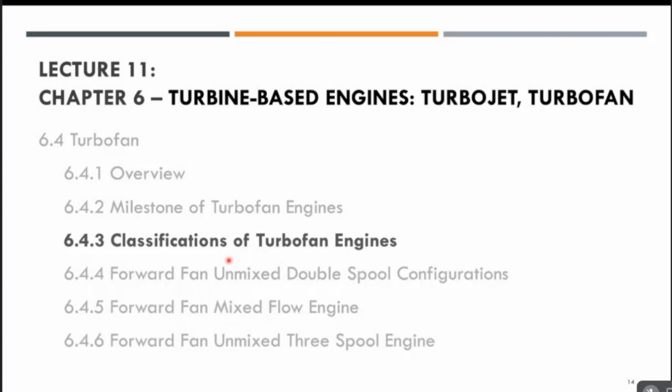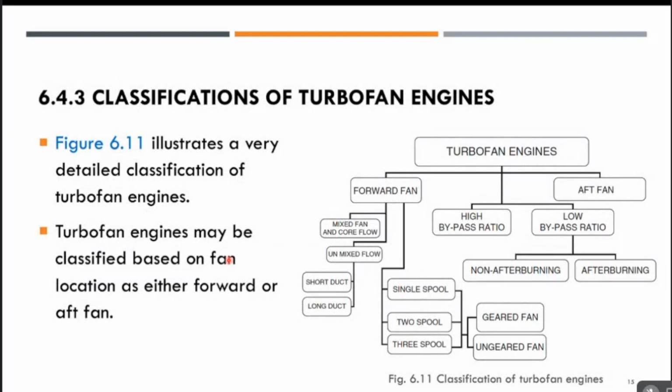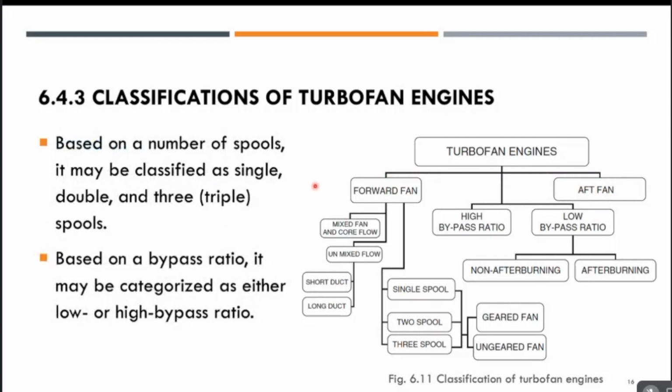But now we want to move into the classifications of the turbofan engine. If you look at figure 6.11, it illustrates a very detailed classification of the turbofan engine. I call this the family of the turbofan engines. It may be classified based on the fan location, either forward fan or aft fan, either in front or at the back. From there, it can also be divided by the number of spools: single, double, or triple spool, as well as by bypass ratio.